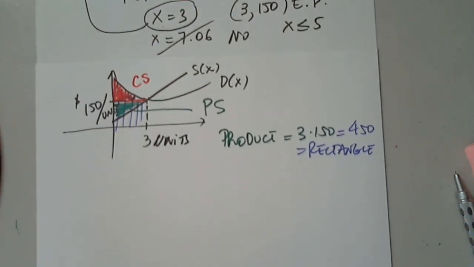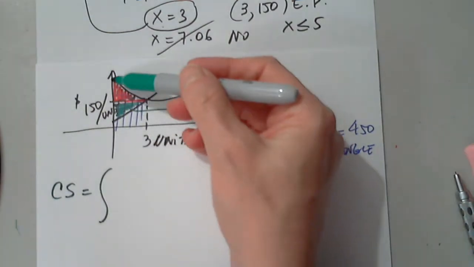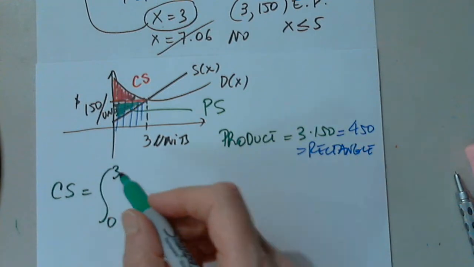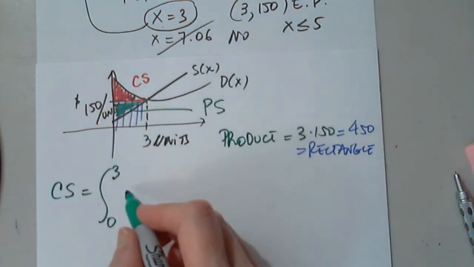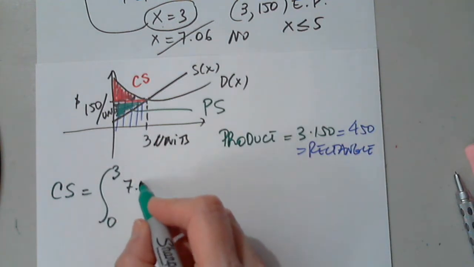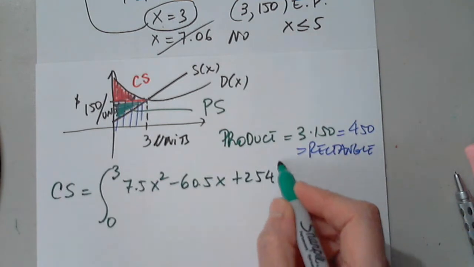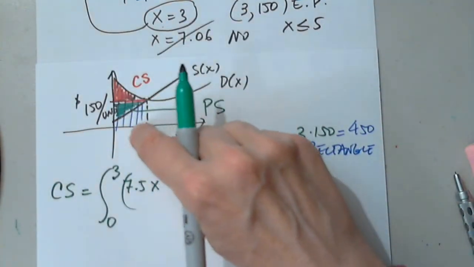So 2 things. Consumer surplus will be the integral, because it's all this area, from 0 to 3 of the demand function, 7.5x squared minus 60.5x plus 254 dx, minus the rectangle.